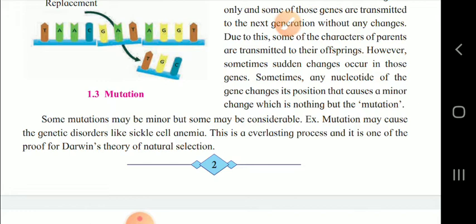So this is all about the genetic changes. Let us come to the evolution. Here we'll see, children, about the evolution.